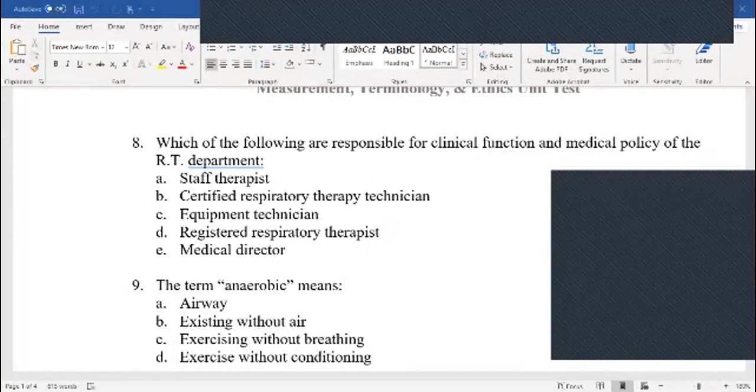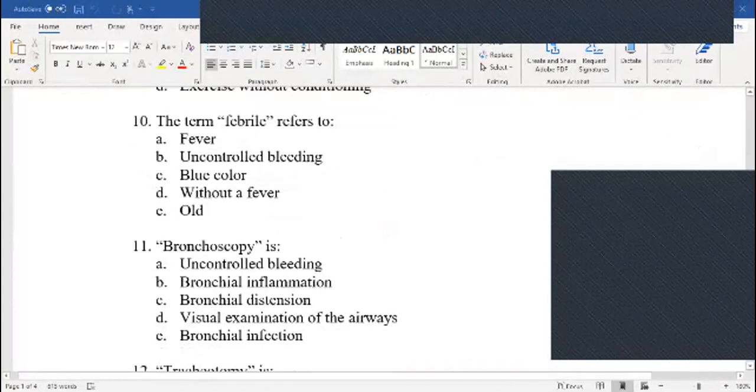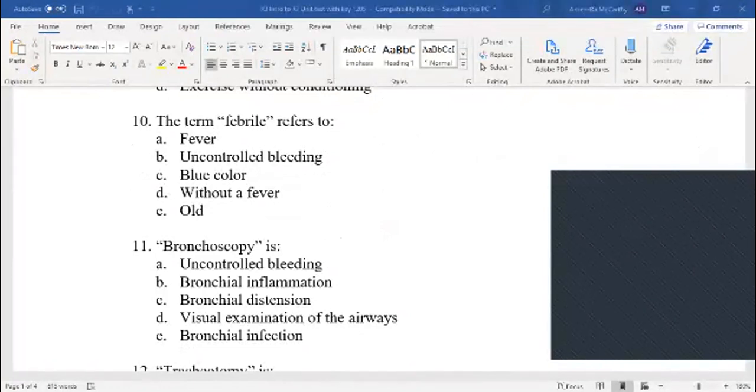Good. Existing without air. Good, Maria. All right. Let's look at number 10 and 11. Number 10 will be Lori, and 11 will be Kelsey. But everybody work them just in case they're not right. So give everybody a moment to do it, and then I'll read the question.